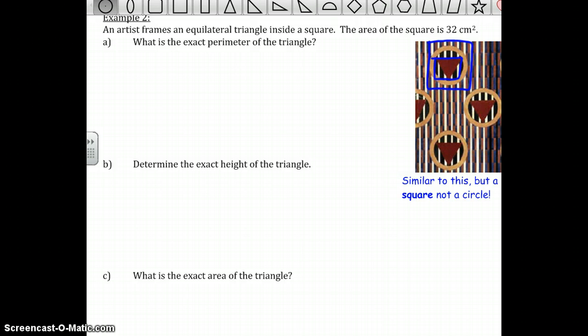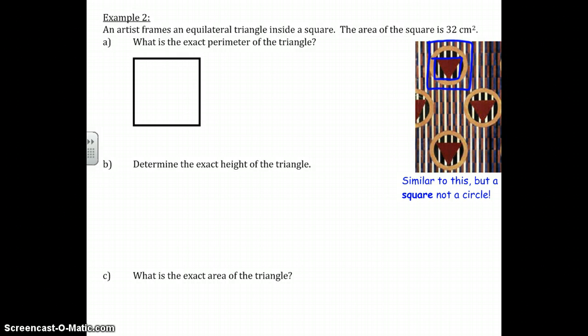So we could start with a square, which is this one here. There's a triangle that's equilateral that's gone inside it. All three sides of the triangle are going to be the length of this bottom here.